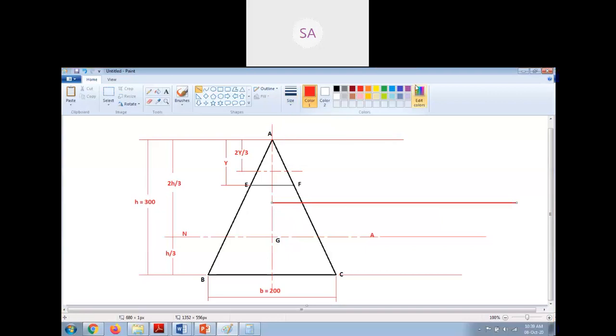Now the shear stress distribution will be parabolic, like this, and it will vary like this. So at this point, I have the maximum value. This is 8 point something, and here it will be 0. So this is the shear stress distribution for the given triangular section.